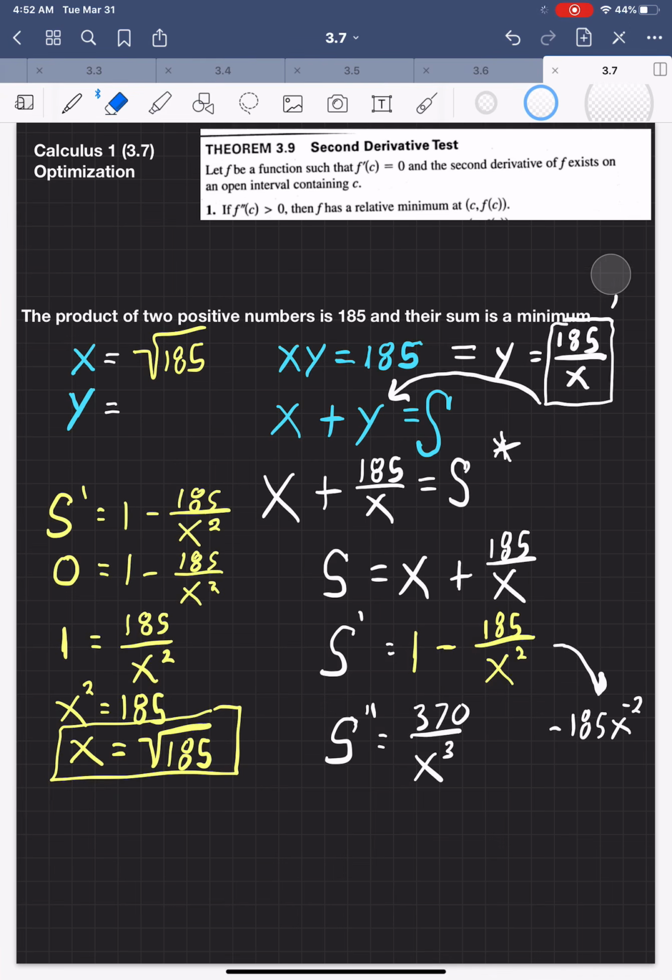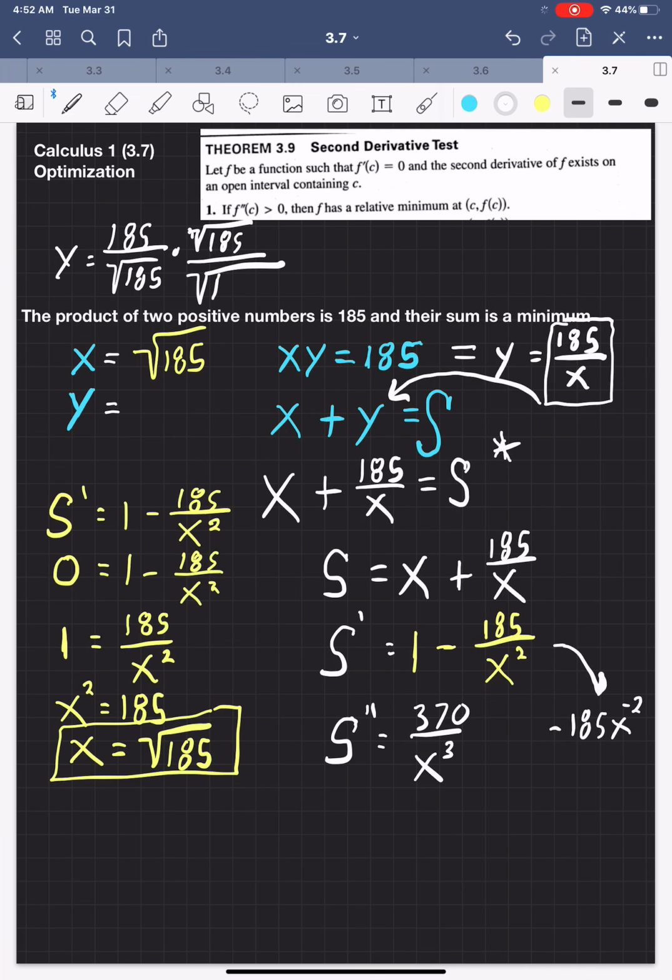Since it's the first problem, I'm going to take my time. So y was equal to 185 over the square root of 185, to which I said, go ahead and rationalize. So what does it mean to rationalize? Well, for the denominator, we're going to multiply by the square root of 185 over the square root of 185, which is just a fancy way of saying, hey, let's just multiply by 1, because that's just equal to 1.